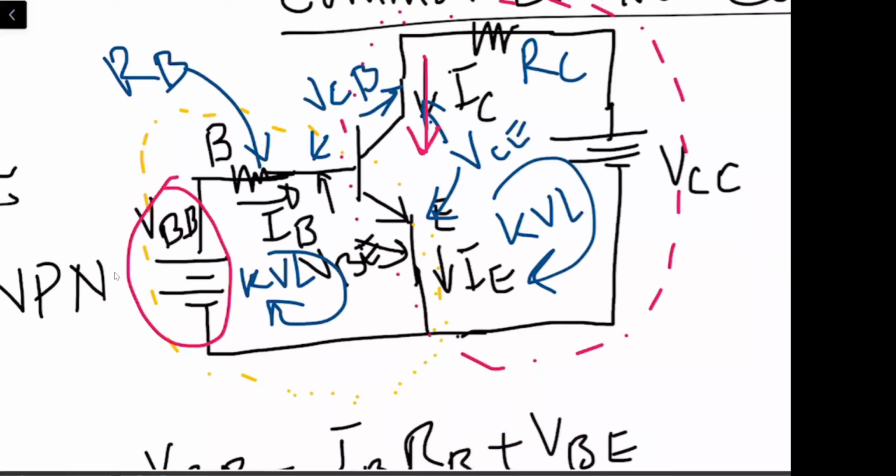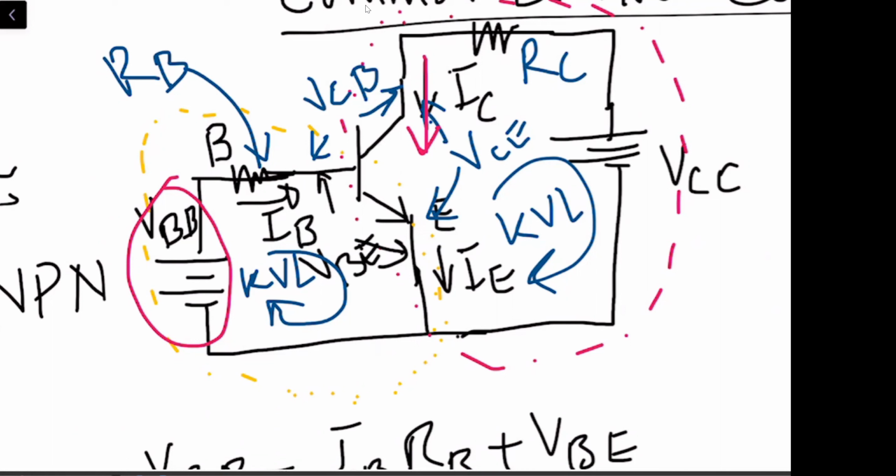So this means that the base emitter junction is not forward biased, right? When the base emitter junction is not forward biased, there is no current flowing in the base of the transistor.